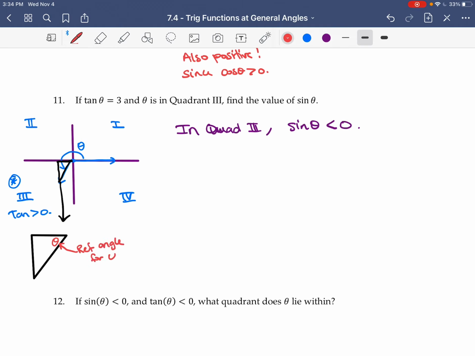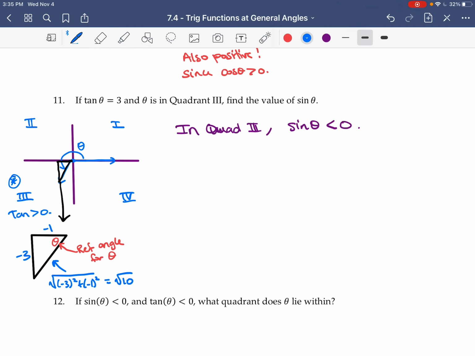If tan is 3, that means the opposite over the adjacent is 3. And in fact, these are going to be negative, both of them. So this is going to be -3 and -1, so that tan of it is 3 over 1, which means that this side is the square root of -3 squared plus -1 squared. That's square root of 10.